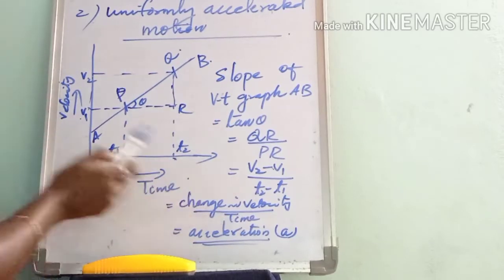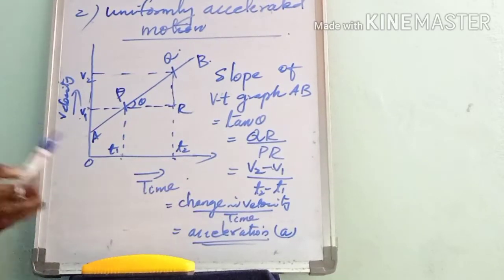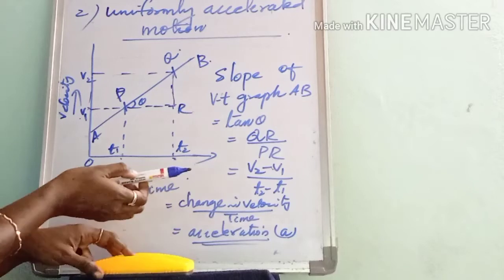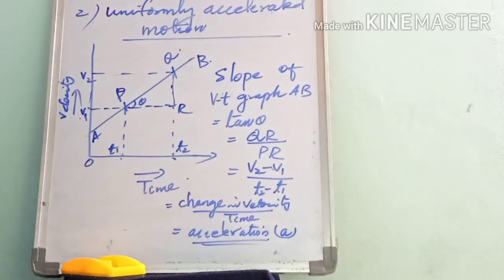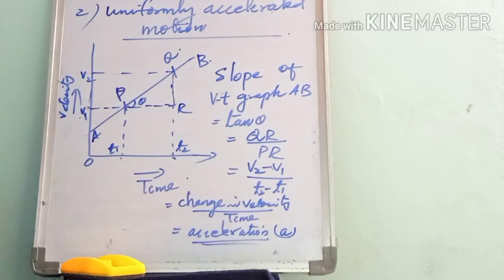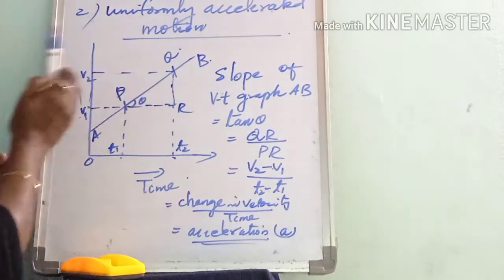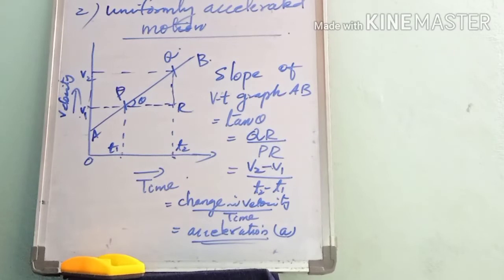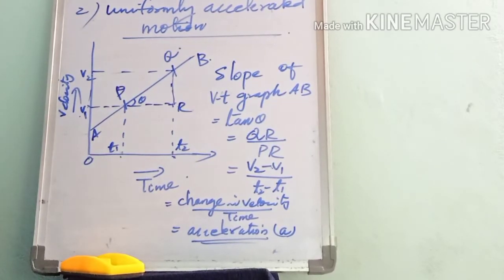T2 minus T1 is the time. So we got change in velocity by time, which is equal to the acceleration a. So the slope of velocity time graph represents the acceleration.